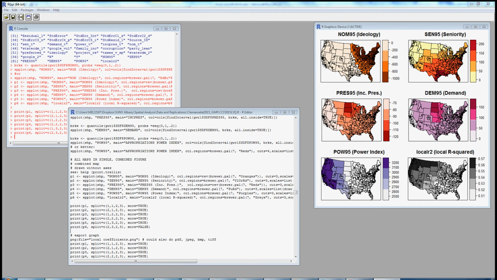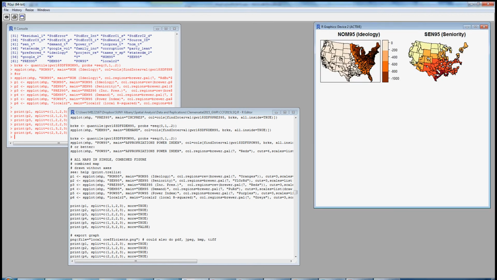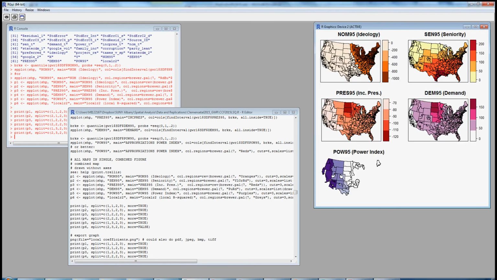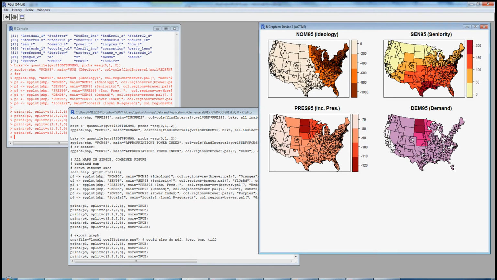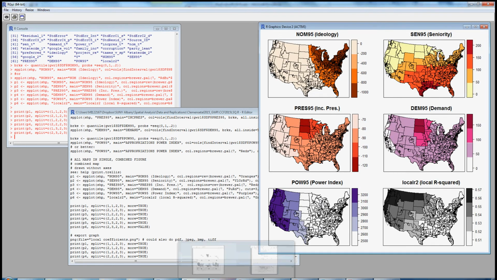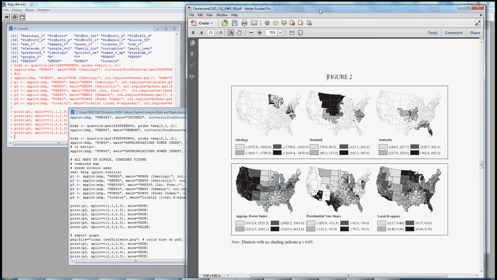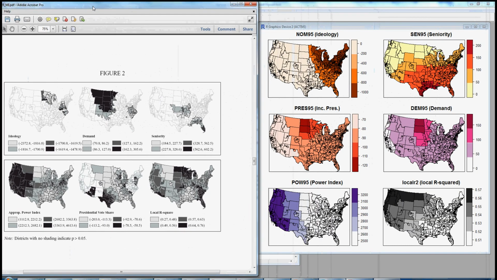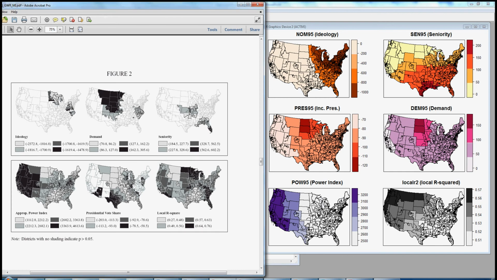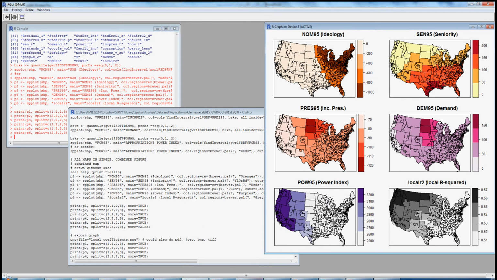And then we have our local R-squared map down on the bottom right. So let's enlarge this a little bit and set it side by side with the maps from the original publication. So here's our original publication. And here are the maps that we just generated.